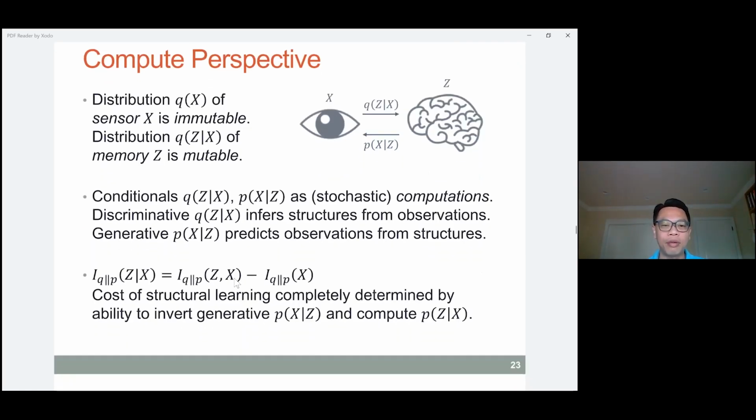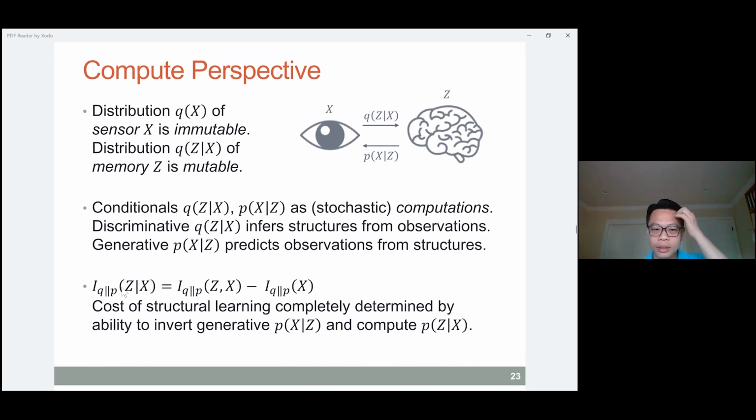And therefore, when we come back to the chain rule for variational inference, we see that we started off with trying to optimize over X, and then we generalized by optimizing the upper bound. There is going to be a gap between the upper bound and the original problem we are trying to solve. And this gap is precisely the information of Z given X. And so what is Z given X?